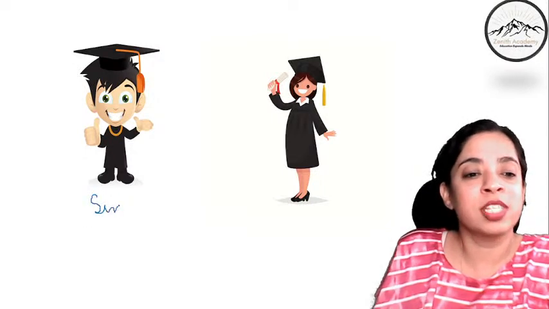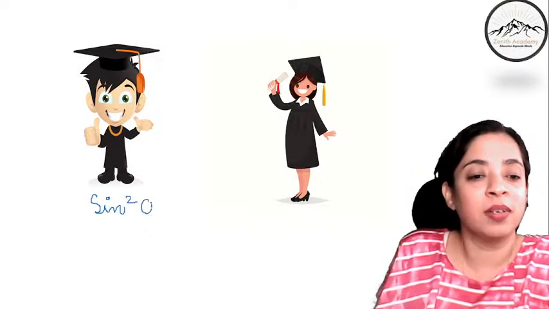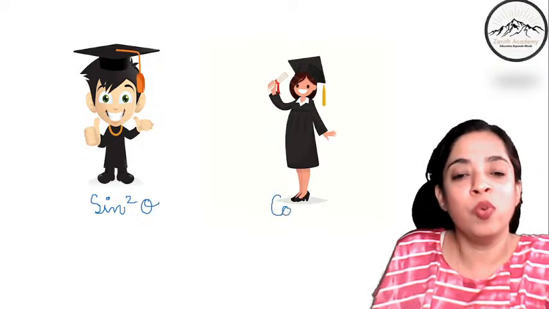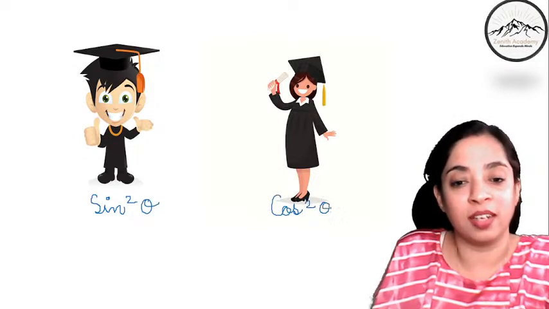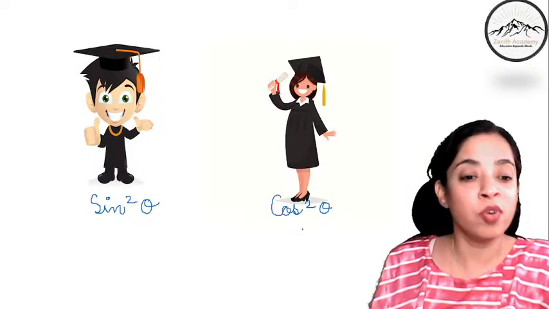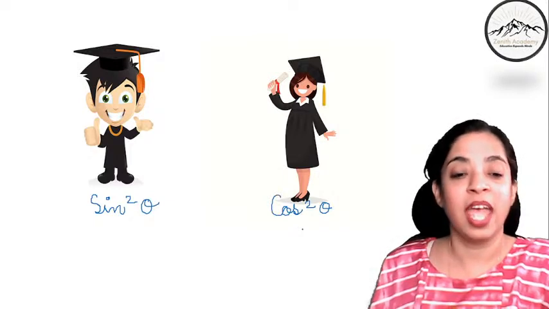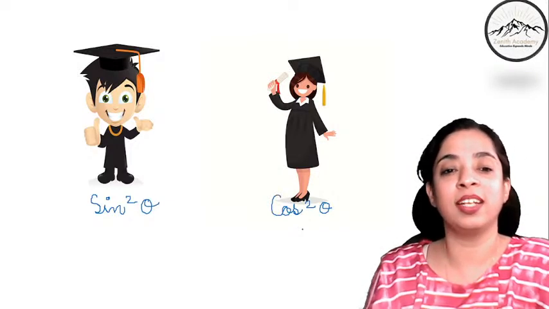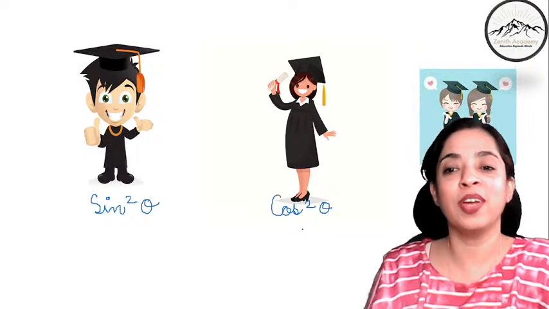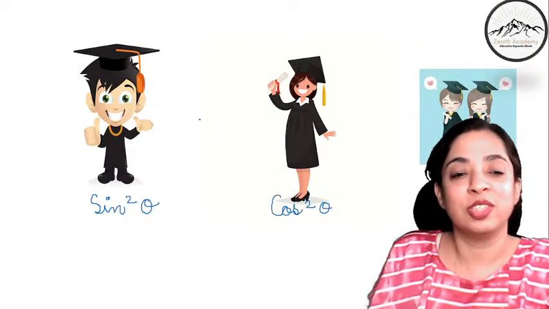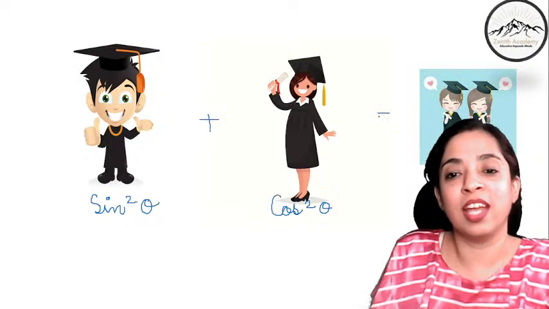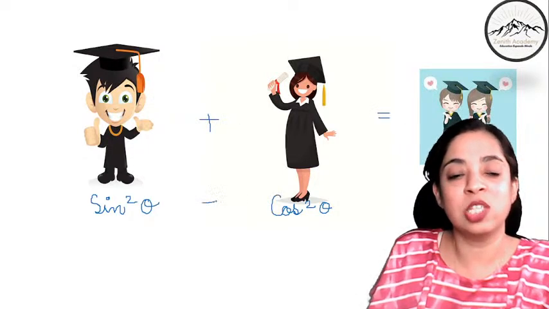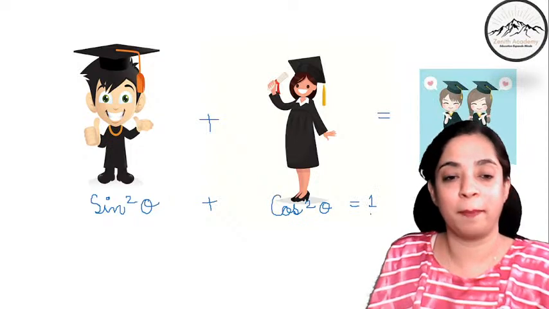He says, if I was sine square theta and you were cos square theta, then together we are 1. So sine square theta plus cos square theta is equal to 1.